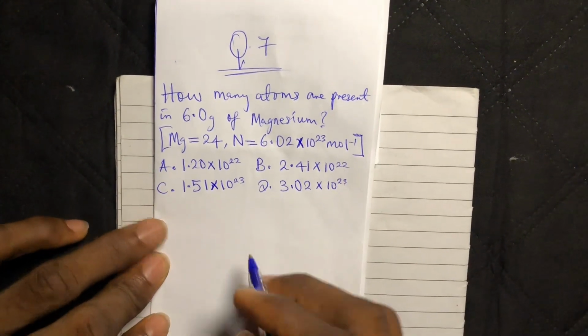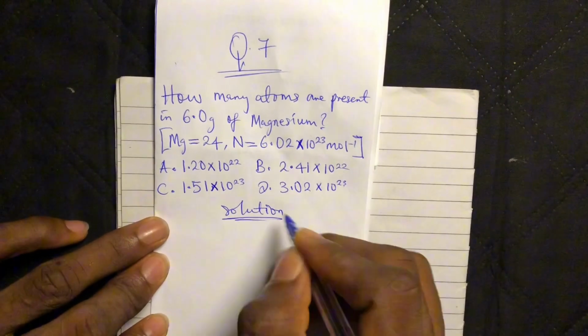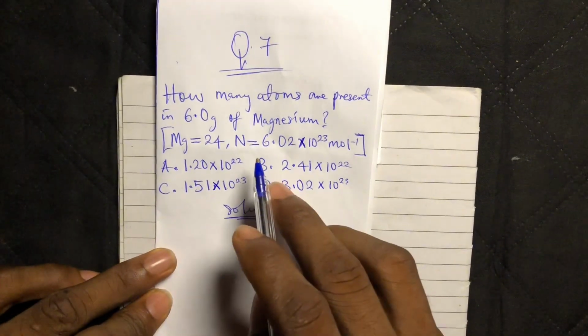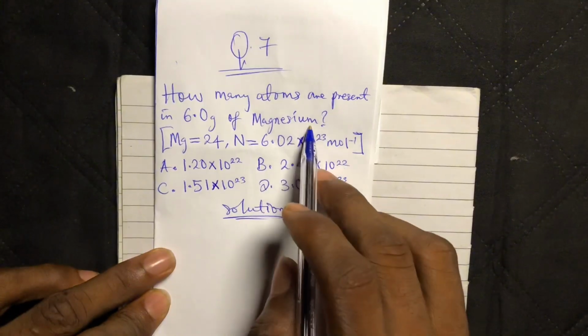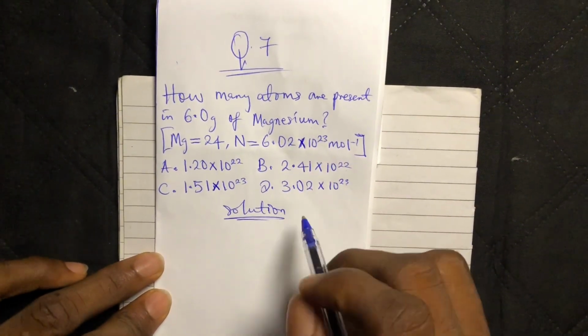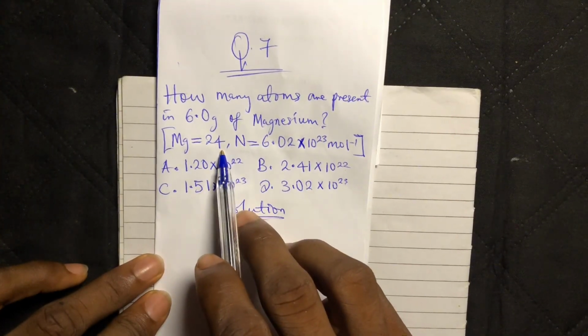So the first thing we're going to do is to write our solution. Now, looking at this question, we are asked to look for the number of atoms present in 6.0 gram of magnesium. And for us to get that, the first thing we are going to look for is the moles of magnesium. Okay?